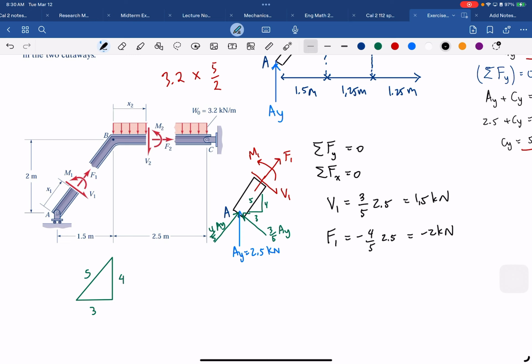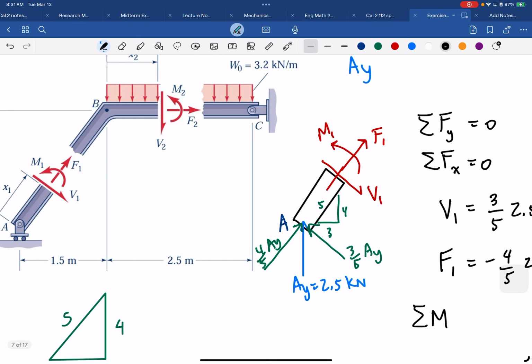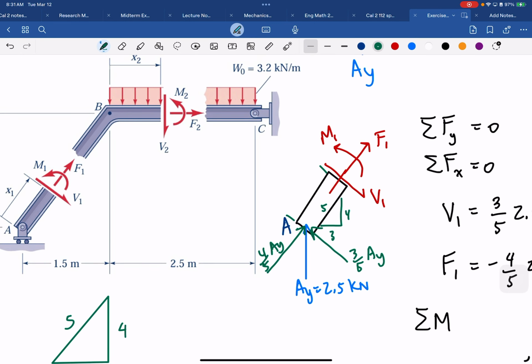And then the moment, I forgot the moment. Since there is no clear distance, we can just assume based on this x1. So we could just write that as our answer. So let's just write this as the x1 distance.